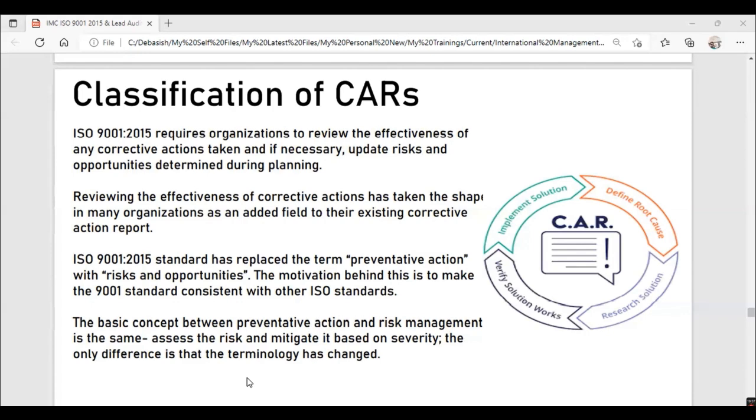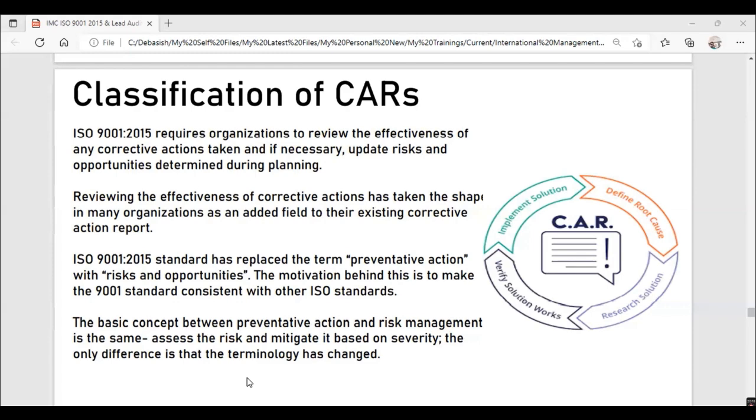Next, CARs are necessary for companies that deal with corrective actions regularly. Organizations should maintain a standard template for every CAR, ensuring that all information is captured and recorded.